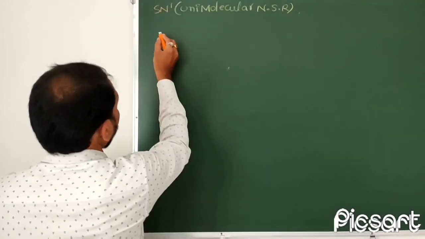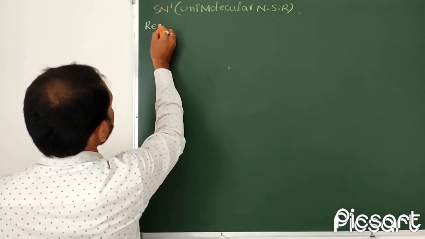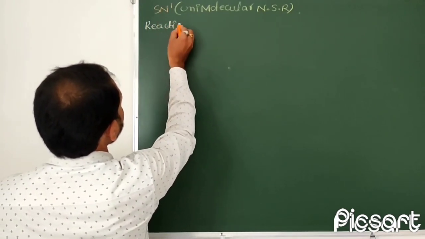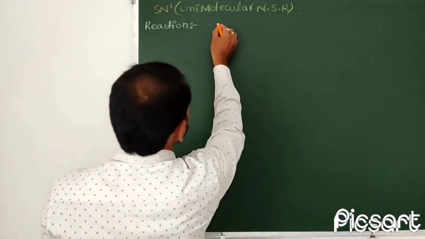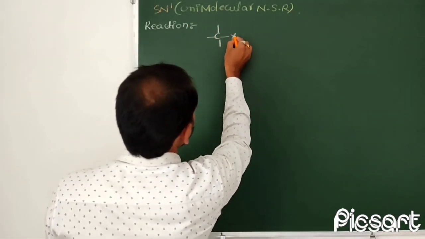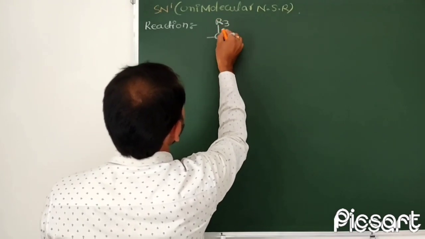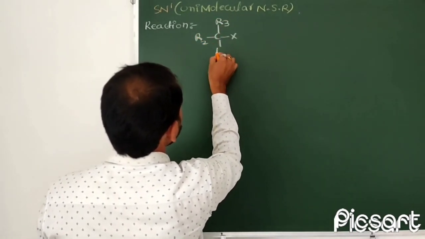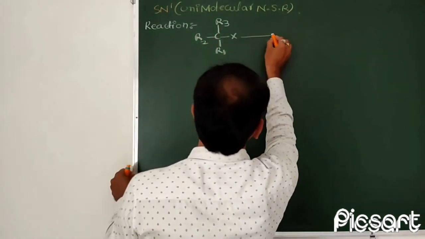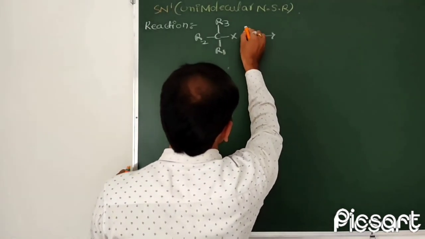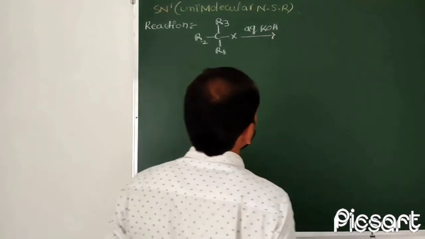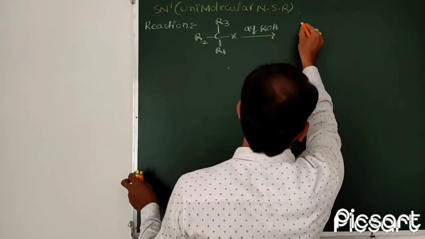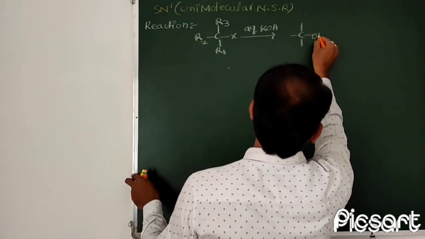Then the reaction: an alkyl halide undergoes SN1 reaction in the presence of aqueous KOH. It results in alcohol.